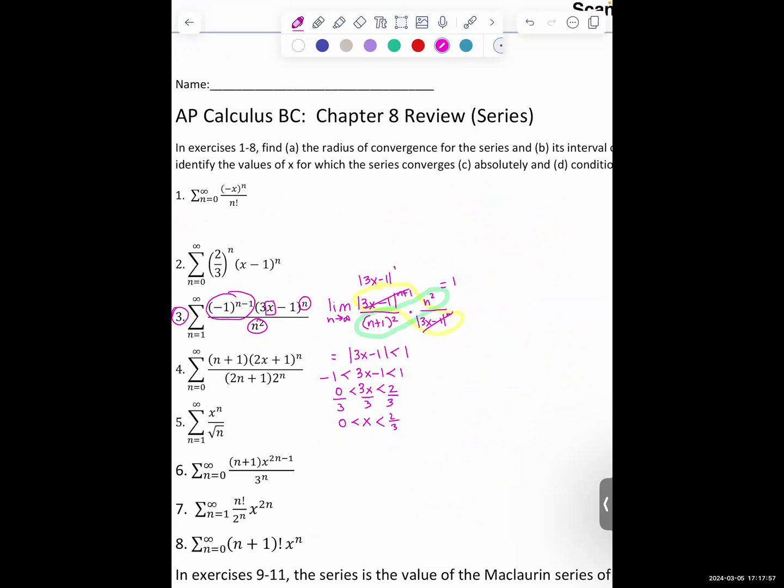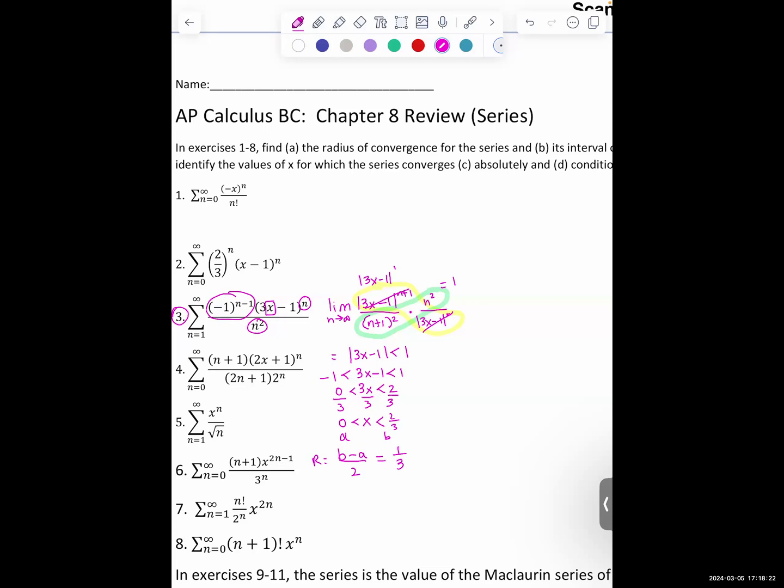I know it doesn't really make sense with this problem, but whenever you're finding a radius of convergence, don't forget that you're finding the difference between a and b, not the sum, and then dividing by 2. So 2/3 minus 0 divided by 2 results in a radius of convergence equal to 1/3, half the length of that interval.